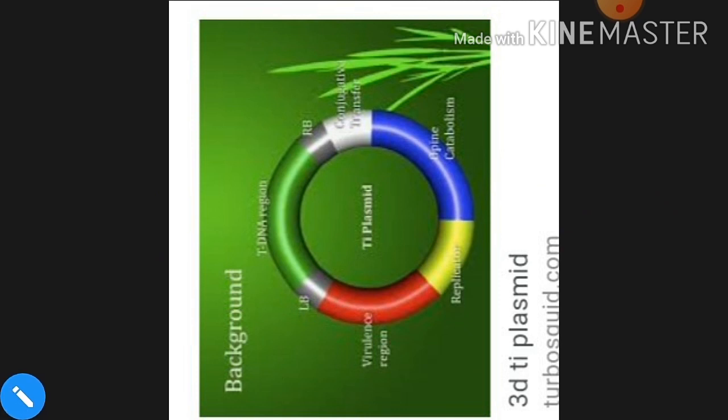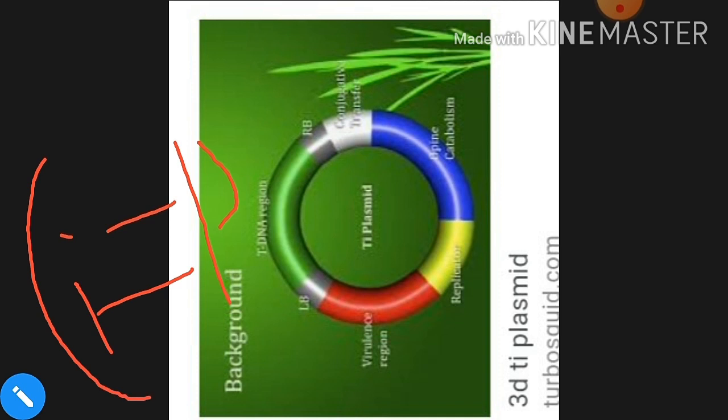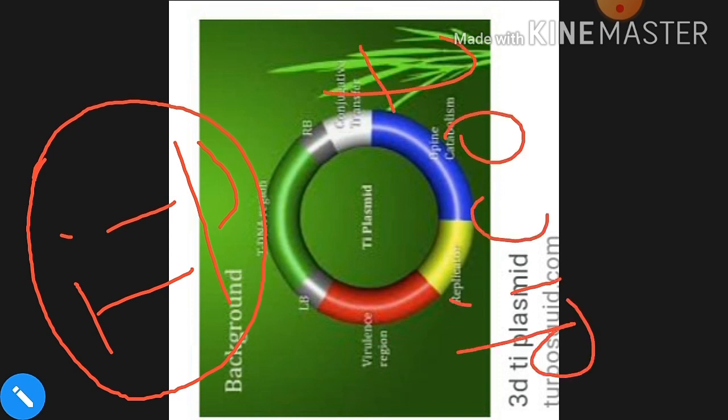Now why are we using this type of cloning vector, especially the Ti plasmid? What is the role of the Ti plasmid? The Ti plasmid is used for transferring the desired gene or DNA into plants, especially dicot plants. Clear? Dicots are those plants where two cotyledons are present.